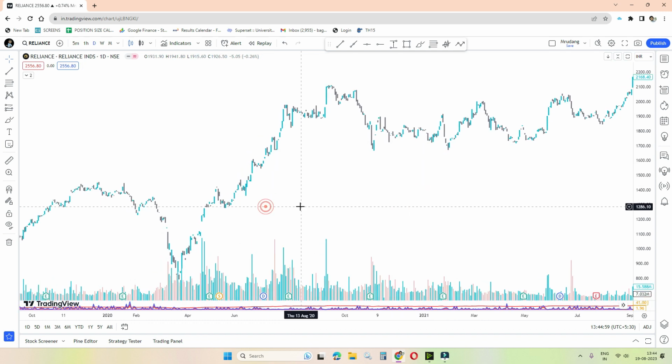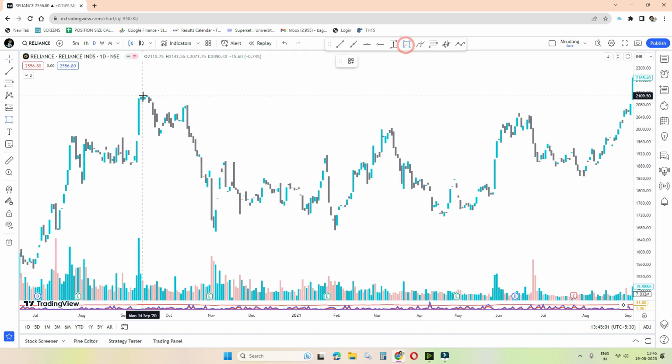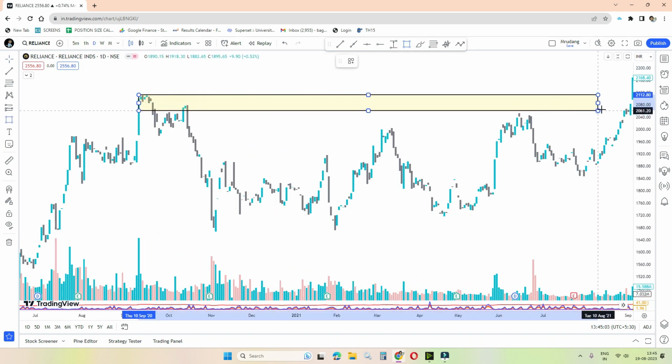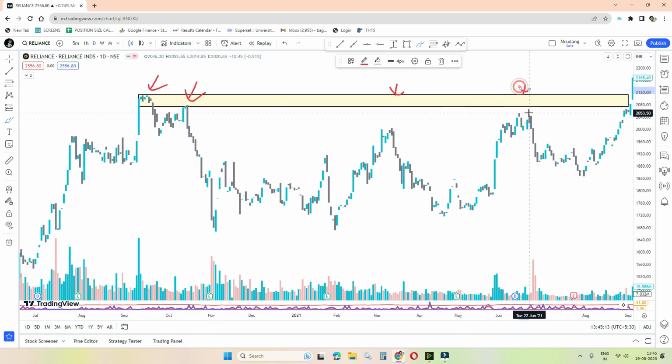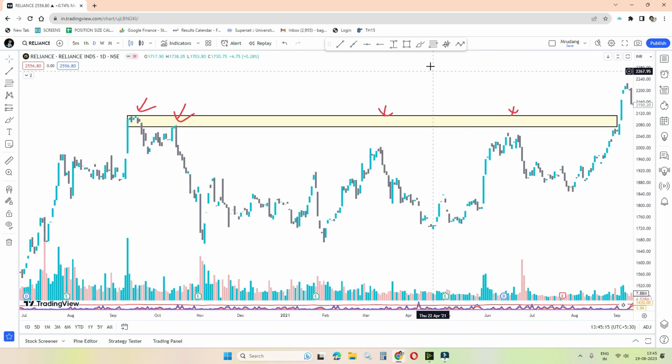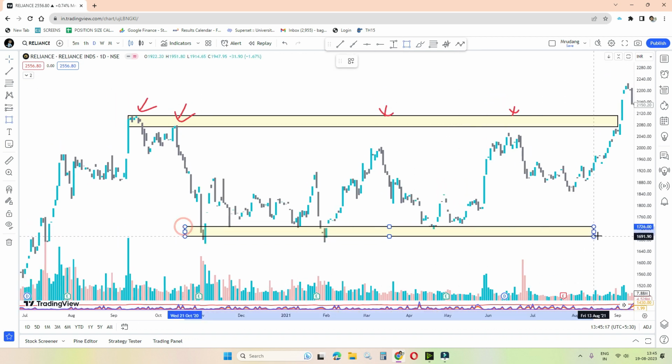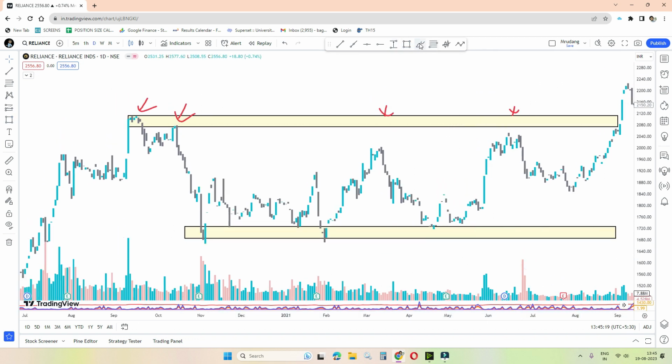In this time frame, this is the high, so I draw a horizontal resistance here. Resistance didn't come back, but it is a resistance. Again, let's draw support here, because the market was going nowhere, so it is the support.